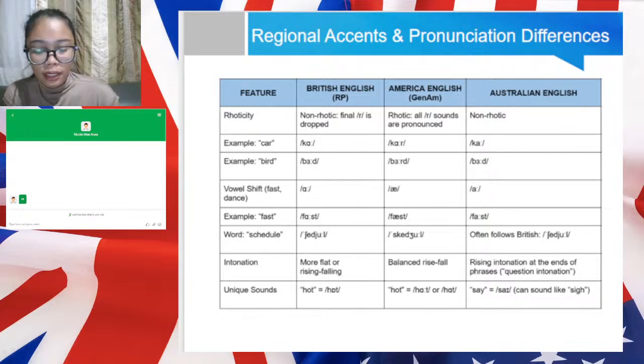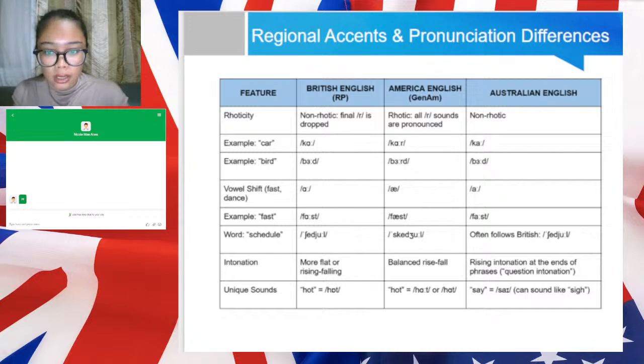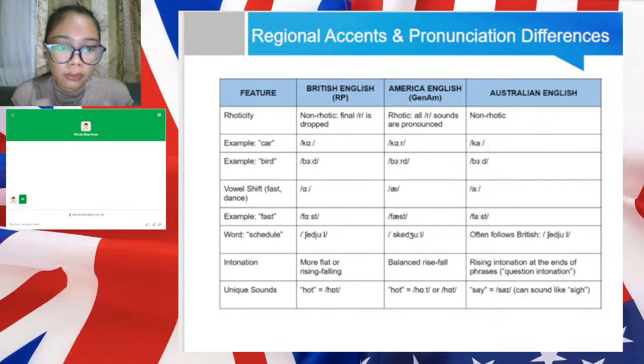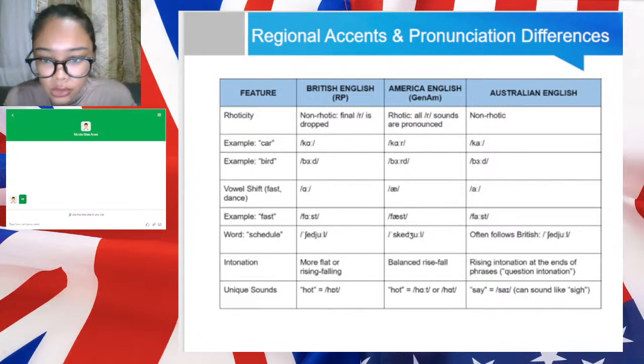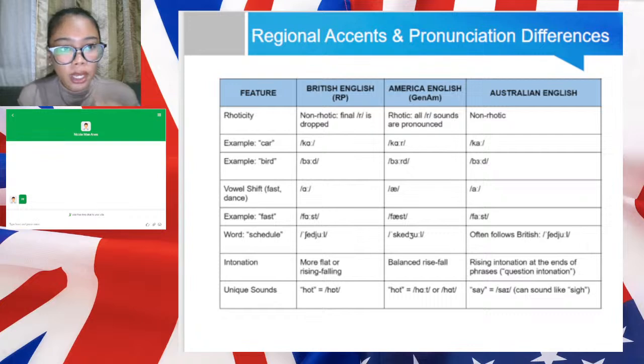Again, vowel shift. British English usually has a fast sound, as well as American English. It's quick. Australian English tends to pronounce the vowel of a word longer.